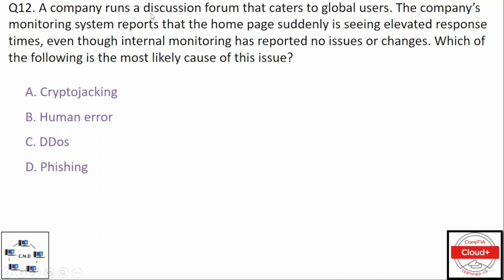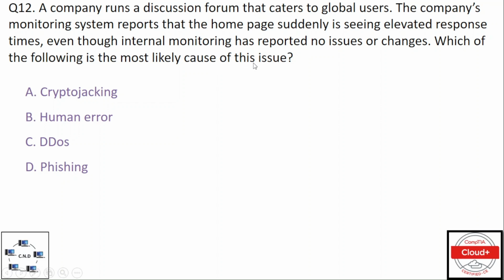Question number 12. A company runs a discussion forum that caters to global users. The company's monitoring system reports that the homepage suddenly is seeing elevated response times, even though internal monitoring has reported no issues or changes. Which of the following is the most likely cause of this issue?